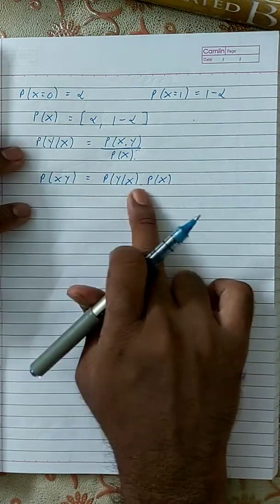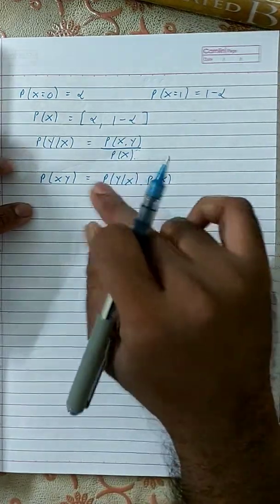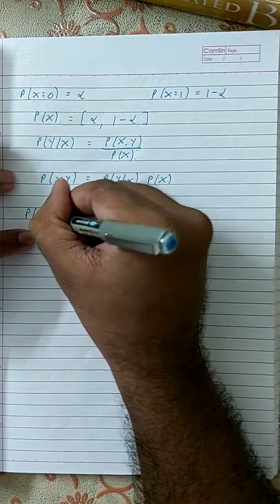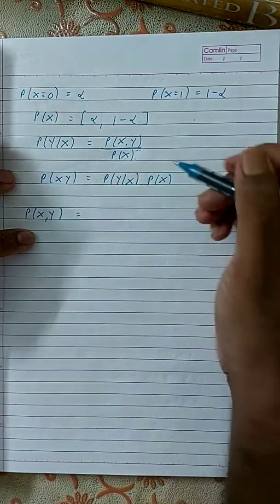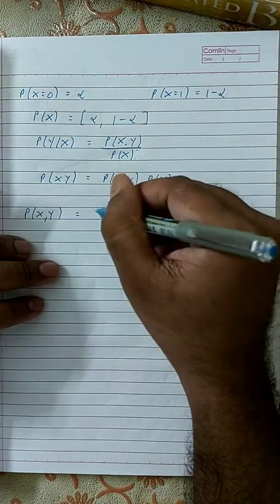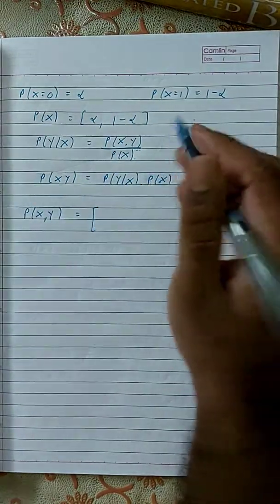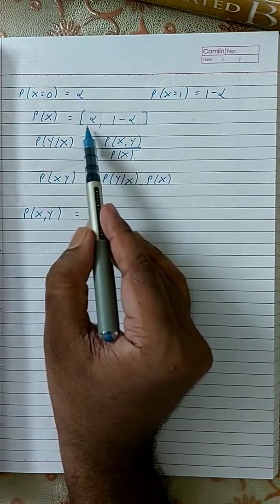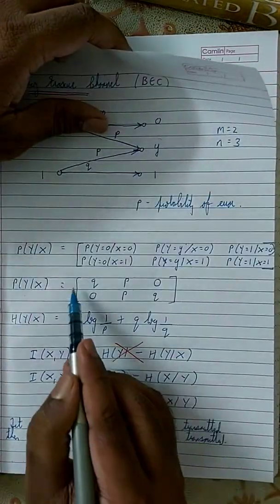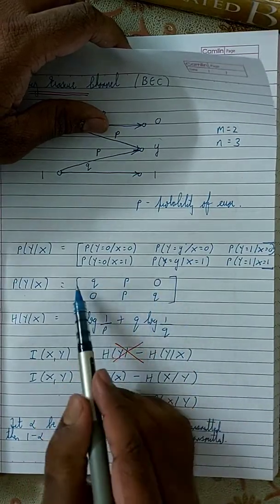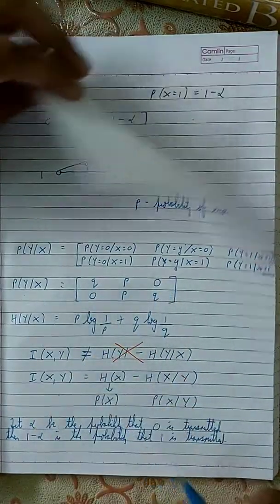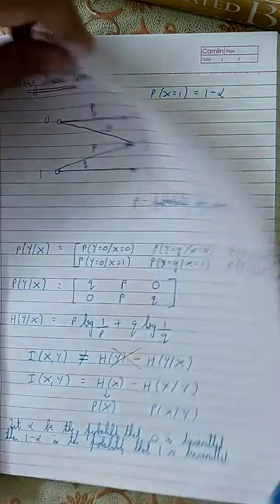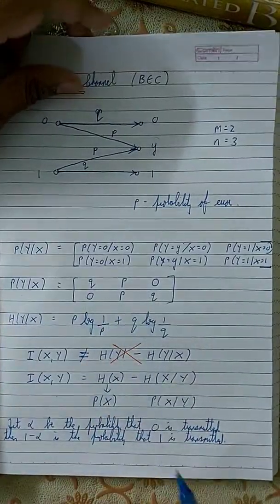So how do we find the value? That is nothing but you multiply the first element of p of x, alpha, with the first row of p of y by x, and then you take the second element 1 minus alpha and you multiply that with the second row of p of y by x.